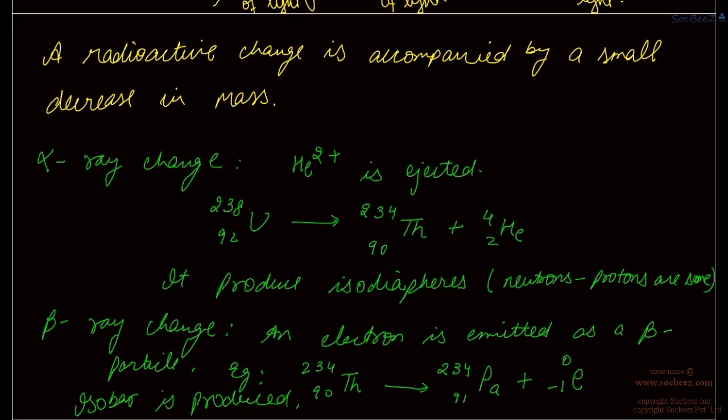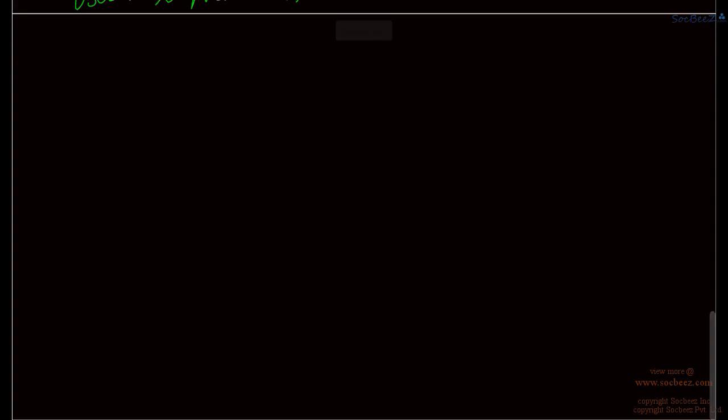Now positron emission. A positron is similar to an electron. It has negligible mass, about 1/1837 AMU, but the charge is positive on a positron instead of negative on an electron.